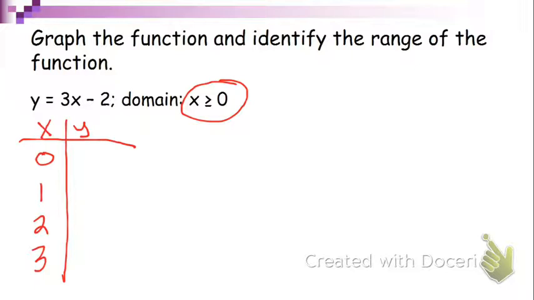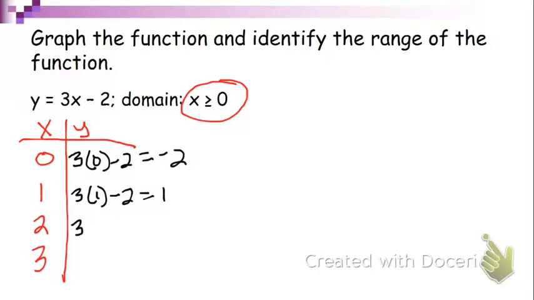Okay, and then we can figure out the y. If we put in 0, we'll get -2. If we put in 1, 3 minus 2 is 1. If we input 2, 3 times 2 is 6, minus 2 is 4.